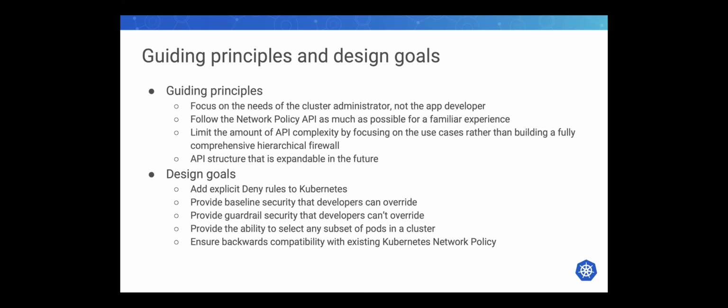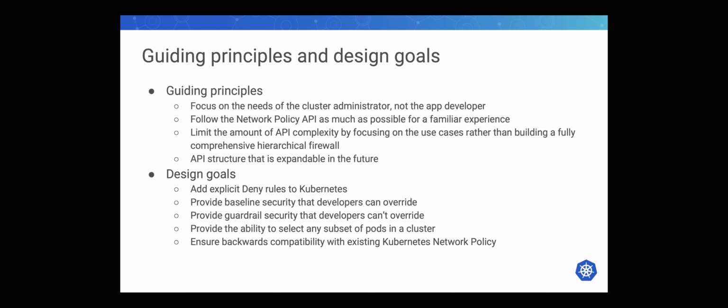So that's one of the goals. The other goal is that a cluster administrator perhaps does not want the developers to override some of those rules. In this case, the admin wants strict enforcement of those security policies, and Kubernetes network policies should not be able to override those rules. These seem like very conflicting goals, but I think we can demonstrate that we should be able to address both of these use cases.